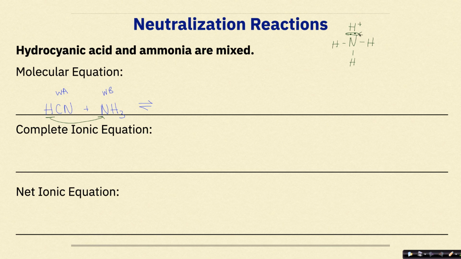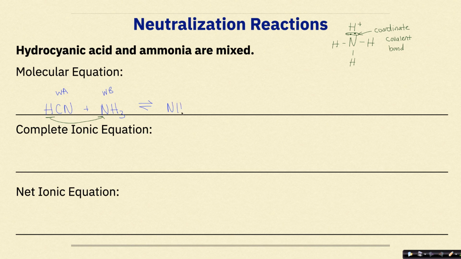And remember, that has a very specific name. That's called a coordinate covalent bond. Or you might have also heard of it as a dative bond. But that is an actual bond, and that forms the ammonium ion. So when we think about products here, one of the products that is formed is the ammonium ion.